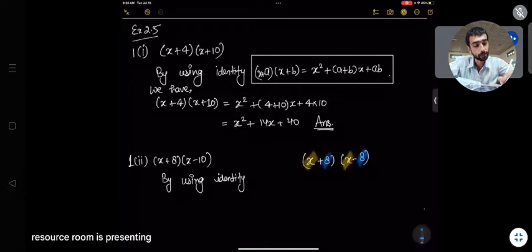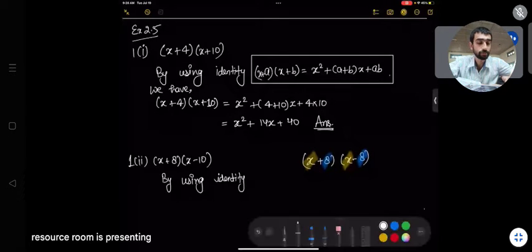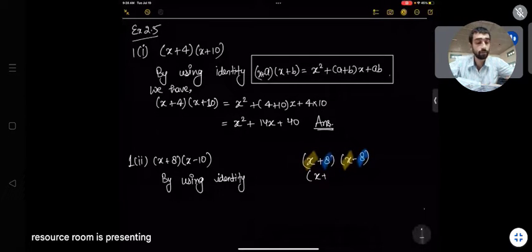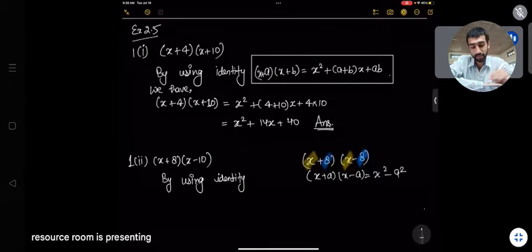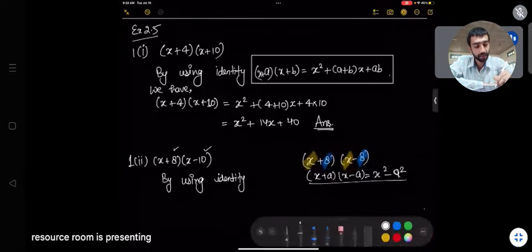Identity 3 says x plus a and x minus a is equal to x square minus a square. But here you can see it is 8 and it is 10. So in this case, we will use another identity, which is x plus a and x plus b. Clear? So we will not use the third identity, we will use the fourth identity.